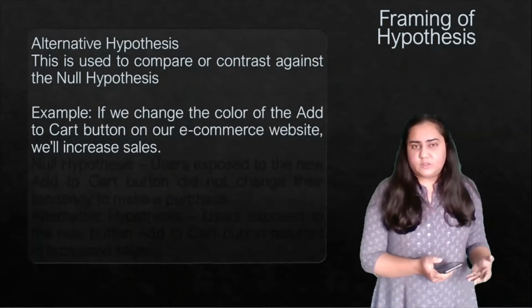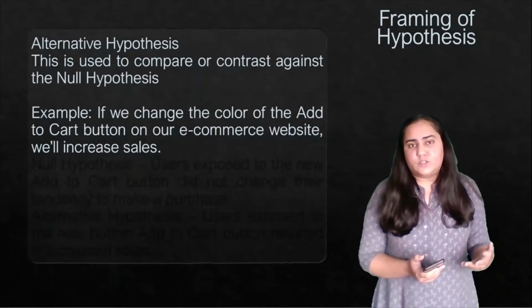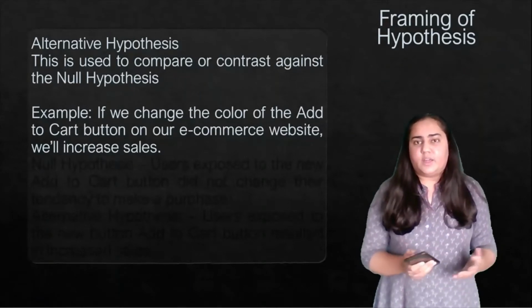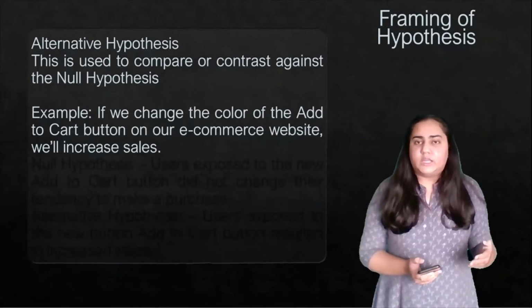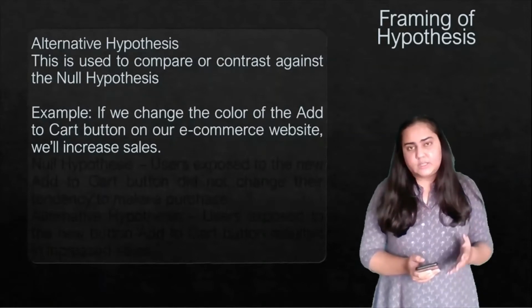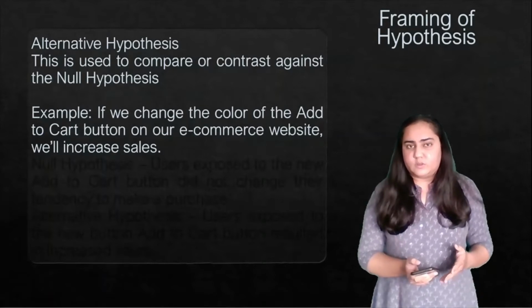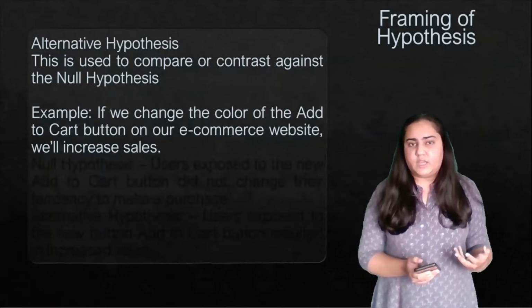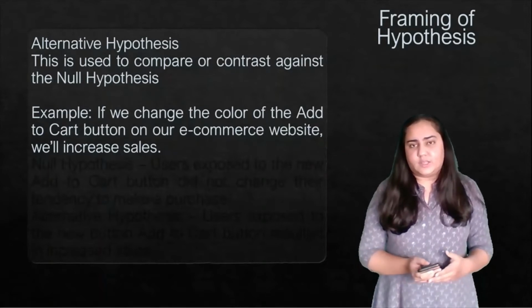The null hypothesis, if you remember, was that if we change the color of the add to cart button on our e-commerce website, it will have no effect on sales, either positive or negative. Now we have changed this null hypothesis into an alternative hypothesis, which is that if we change the color of the add to cart button, it will increase our sales.